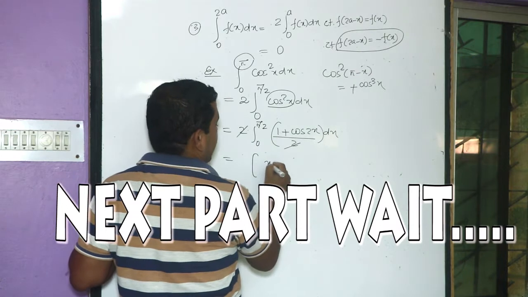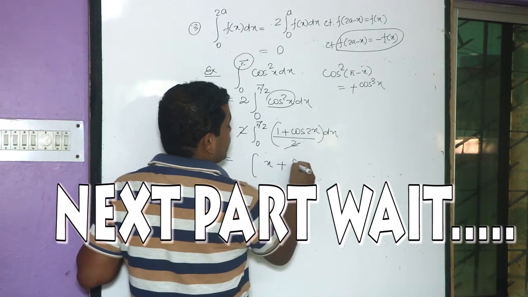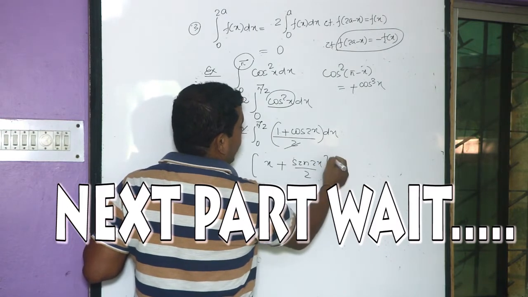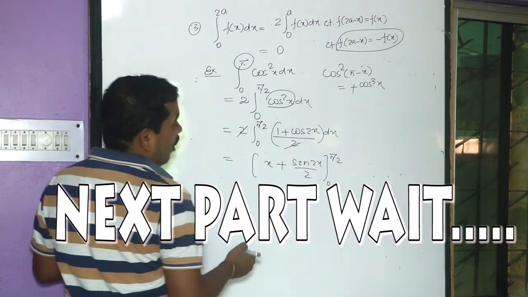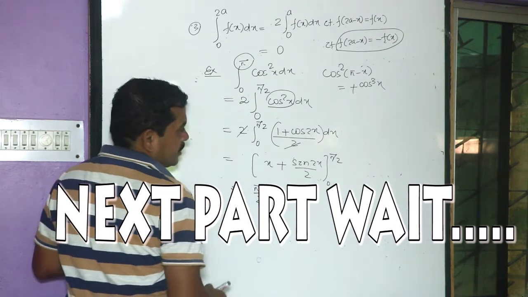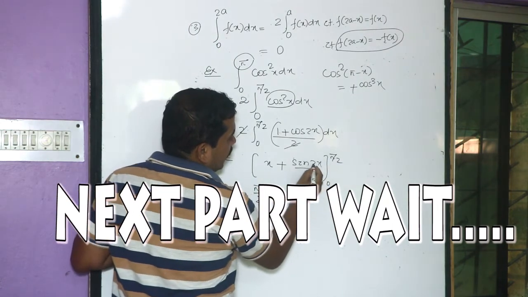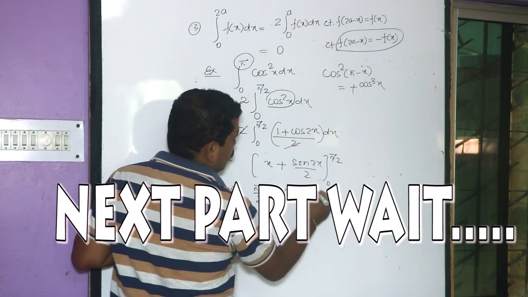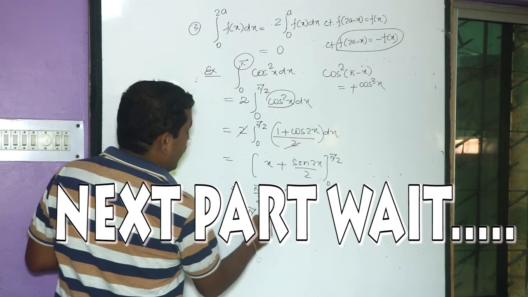Integration of 1 is x and of cos 2x is sin 2x by 2, from 0 to pi by 2. Putting the upper limit, we have pi by 2 plus sin pi by 2, that is sin pi, which is 0, minus 0. So the answer will be pi by 2.